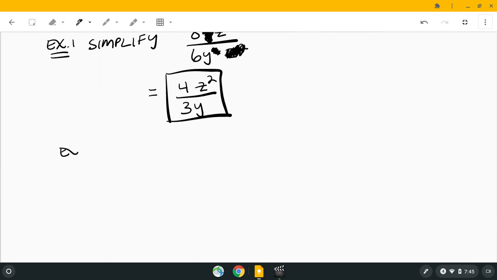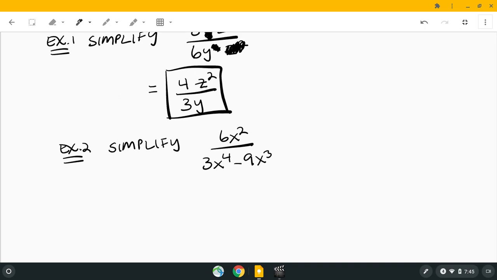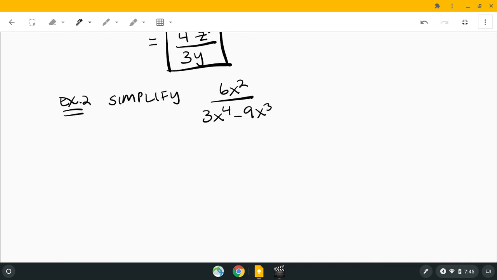And let's take a look at this one. Simplify 6x squared over 3x to the fourth minus 9x cubed. So we need to factor. The numerator cannot be factored, so we'll just leave it as 6x squared. Down below, I see that they have 3 in common. They also have x cubed in common. So I'm going to factor out a 3x cubed. And when I do that, I'll have x minus 3 left.